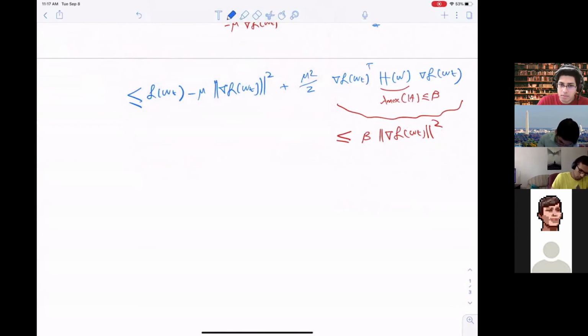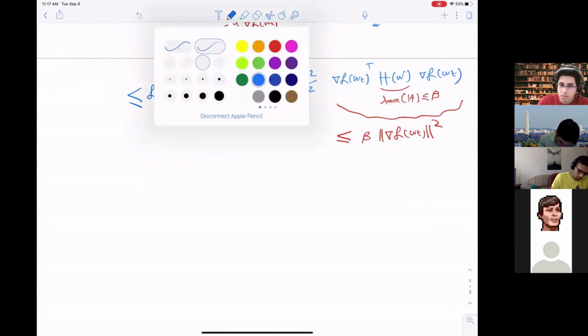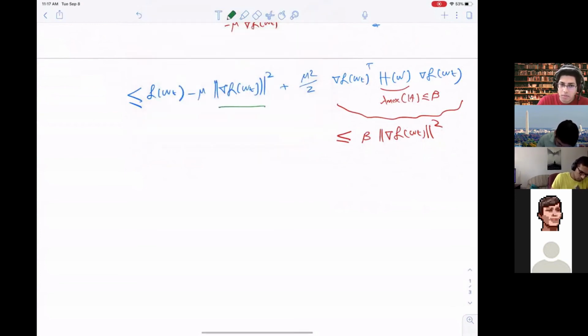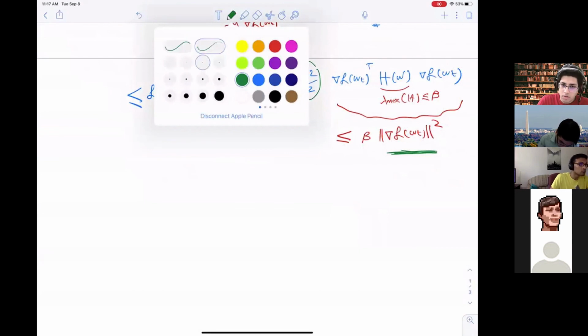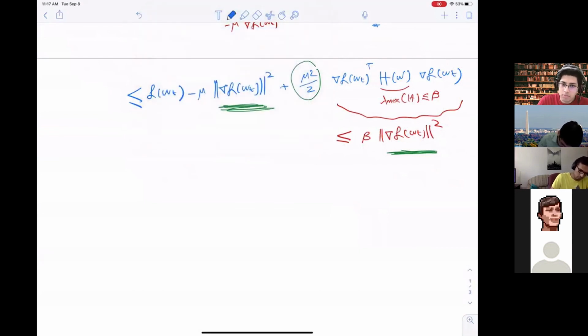So then here I have, if you look at these terms, norm squared of the gradient, and here I have norm squared of the gradient. Of course, I have these constants as well. So if I put everything together, I'm going to get a term like this. It's going to be less or equal to my loss at WT.